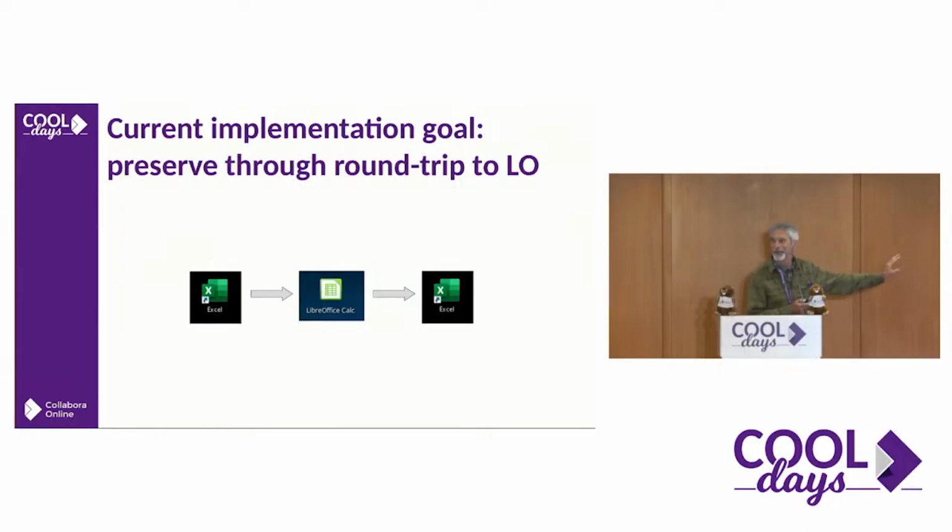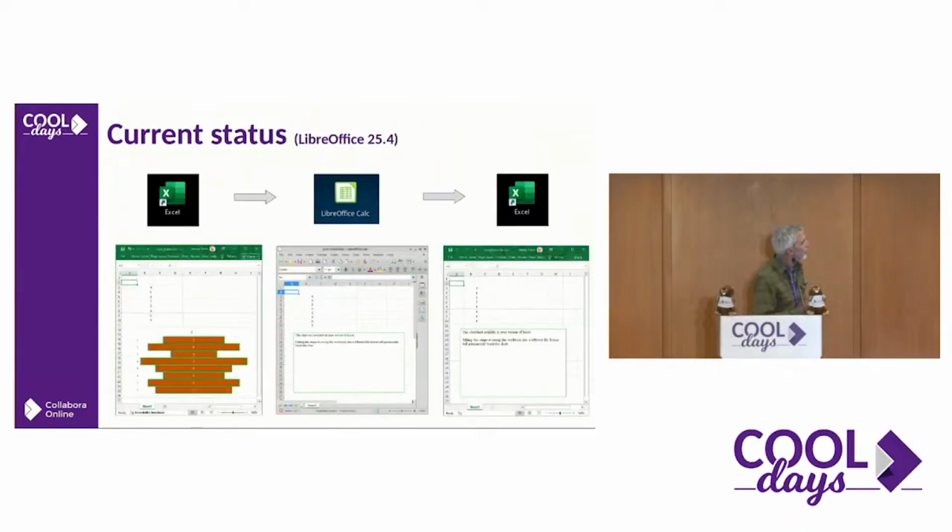What happens currently if you do this round trip is you start with a chart, one of these 2016 charts. You load it into LibreOffice. It doesn't show up because we don't support it. LibreOffice reads it.